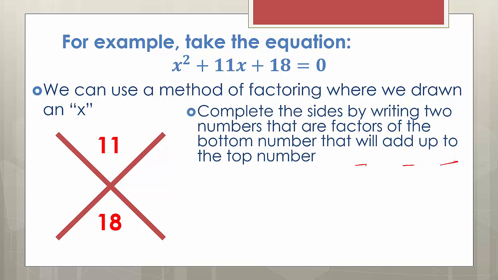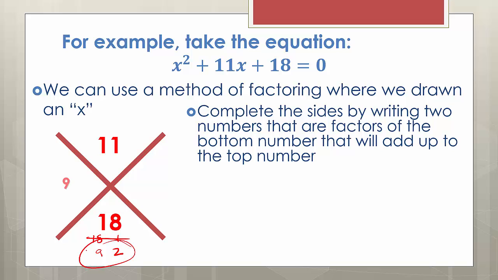We move on to the next part, which is to complete the sides by writing two numbers that are factors of the bottom number that add up to the top number. So we think about factors of 18, and we've got 18 and 1. 18 times 1 is 18, but 18 plus 1 does not equal 11, so that doesn't work. We'd try 9 and 2. 9 times 2 equals 18, and 9 plus 2 does equal 11.